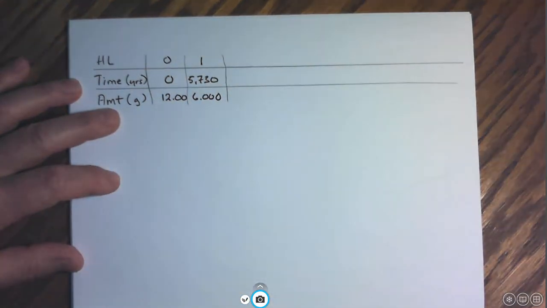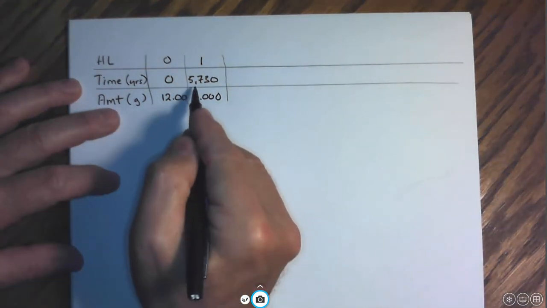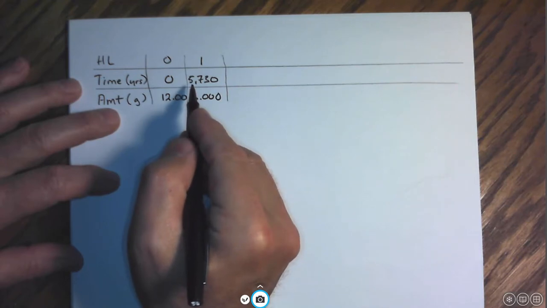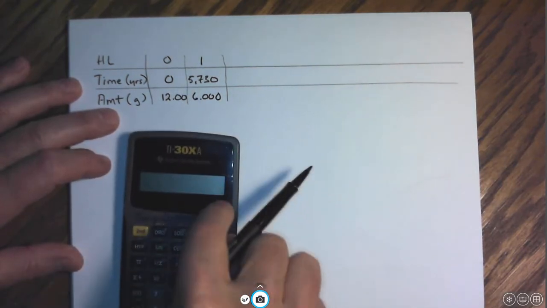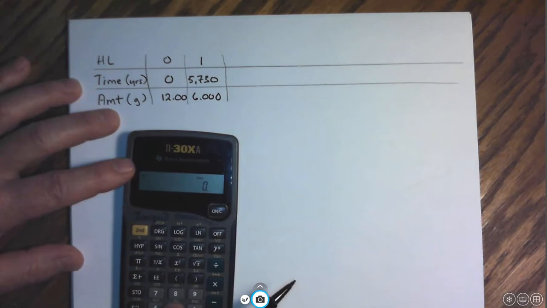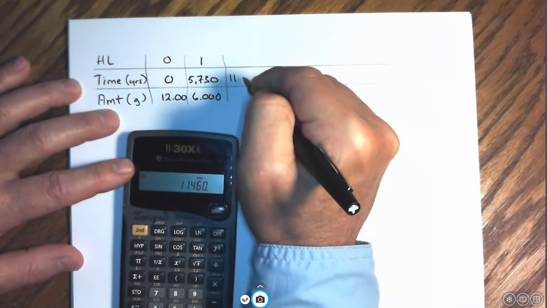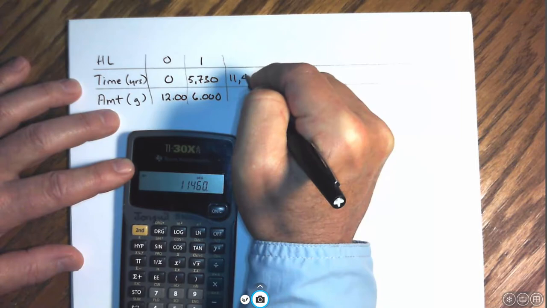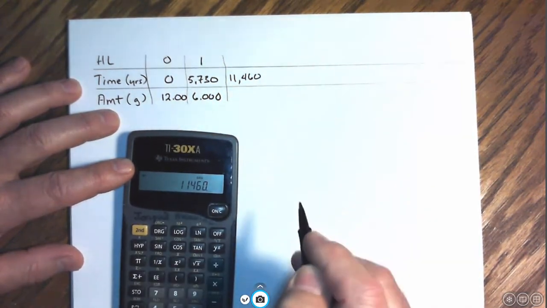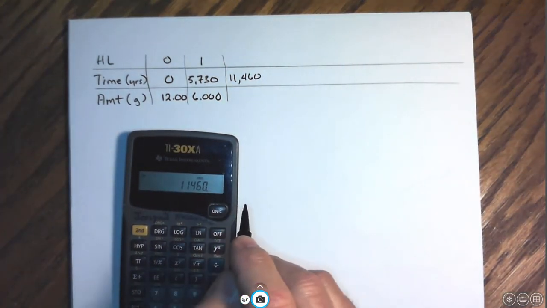All right, then. The second half-life, another 5,730 years will pass. So that's 5,730 plus 5,730, so that's 11,460 years.